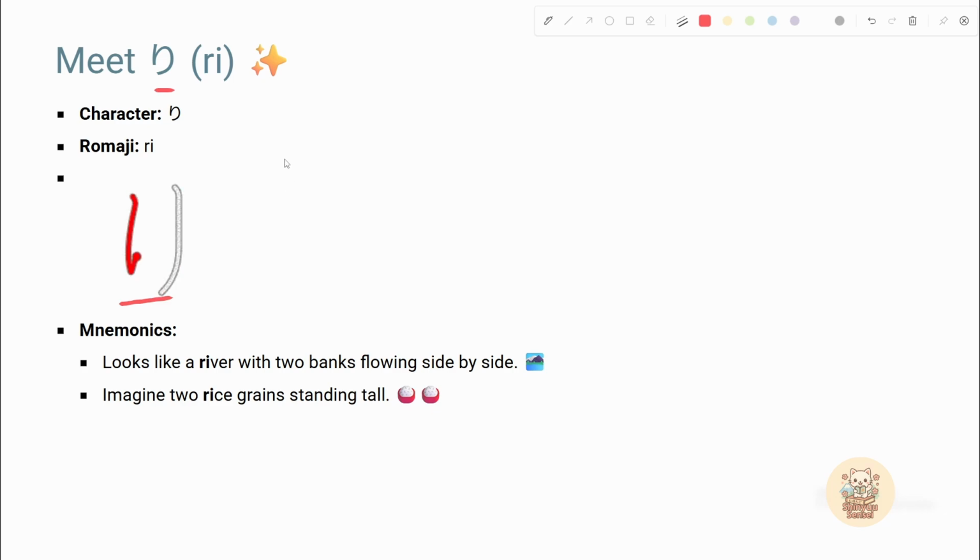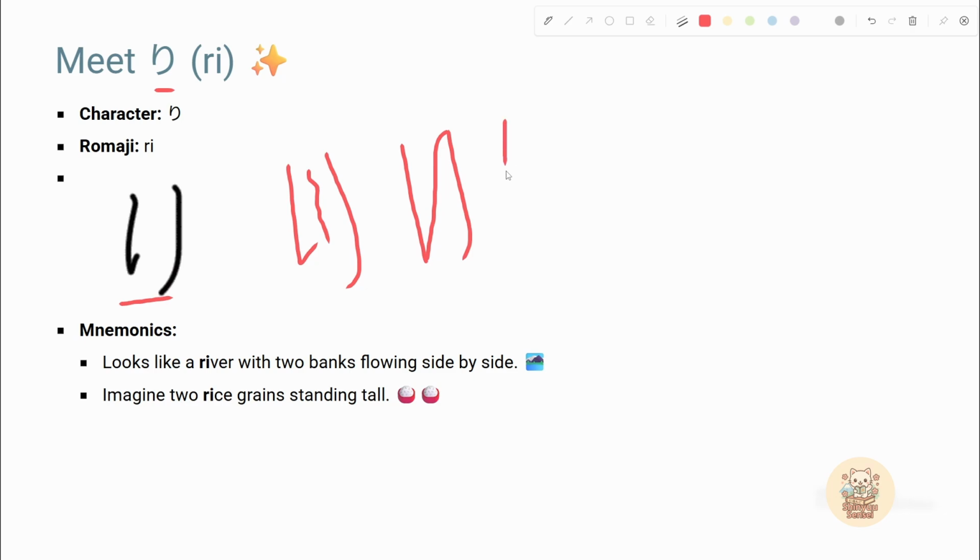The first mnemonic is, it looks like a river with 2 banks flowing side by side. So first let's learn to write this way. This is the river and these are our 2 banks, okay? And I can write this in another way.